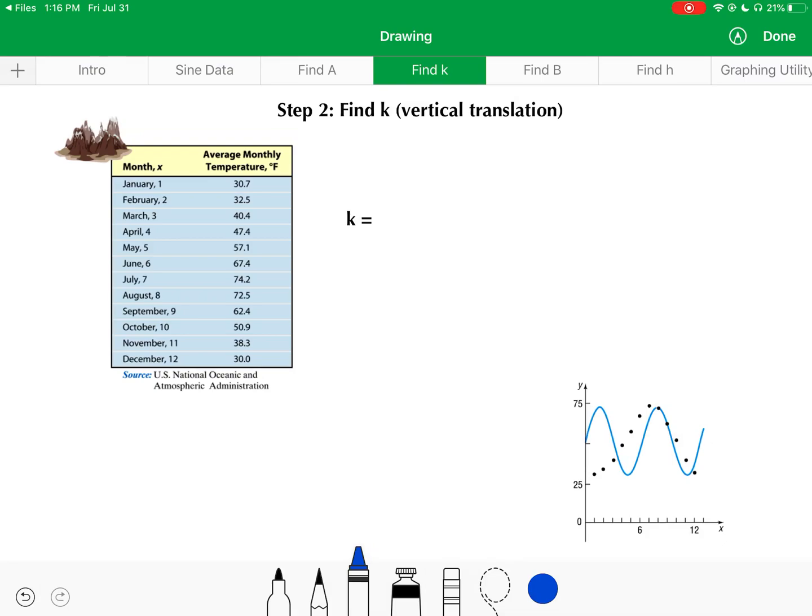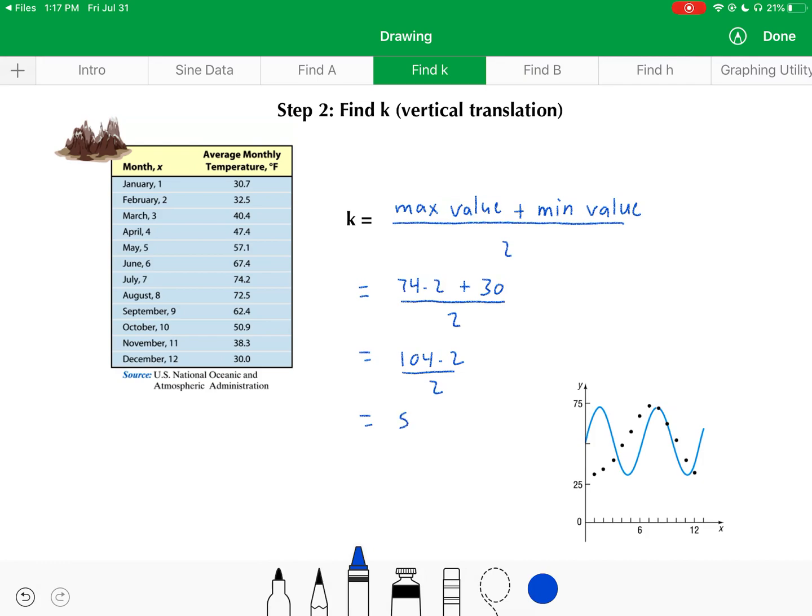So to find k, we simply take our maximum value, add it with our minimum value, and then divide that by 2. That'll average those two values out. We're using the same numbers from before, 74.2. This time we're just adding it with 30, dividing it by 2. It's 104.2 divided by 2, which is 52.1.